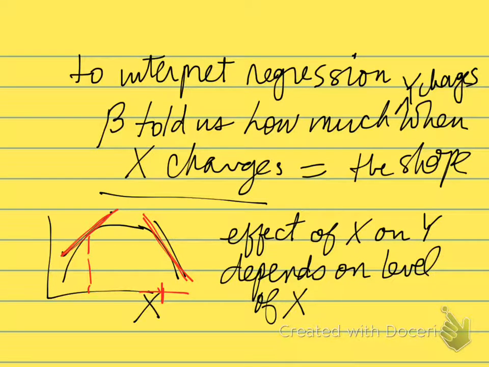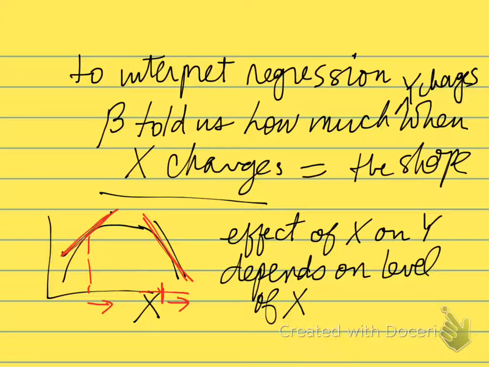So here, when x increases, y goes up. In this range of values of x, when x increases, y goes down. So for some ranges, x affects y positively. For other ranges, x affects y negatively. And there's no reason why functions in economics and in the real world can't have that characteristic.